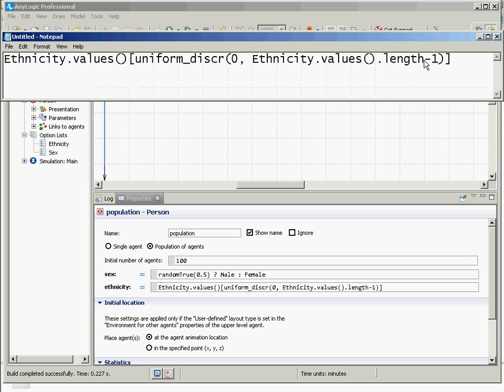If there's 2 of them, it's going to be element 0 and 1. So we have to draw a value between 0 and this number -1. So if there's 1 of them between 0 and 0, there's only 1 choice. And then we look it up in this ethnicity.value. In other words, we look up which one is at the 0th position.